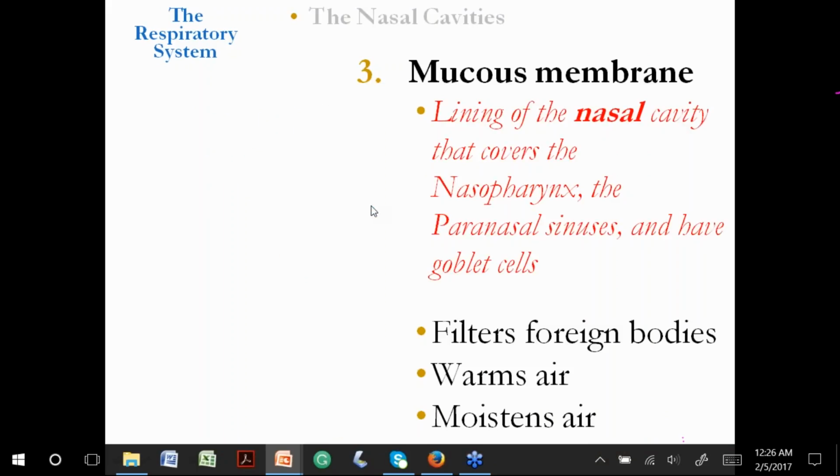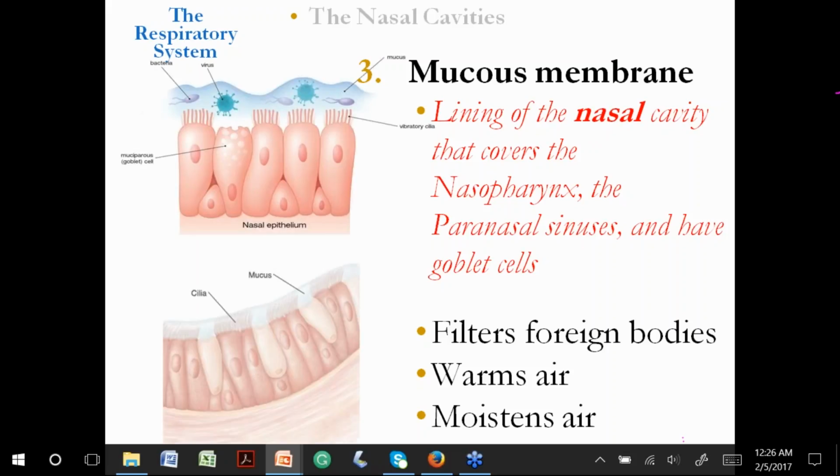All right, so let's talk about the mucous membrane. The mucous membrane is the lining of the cavity that covers the nasopharynx. So we start to talk about the nasopharynx. All this mucus is going to cover many structures, and this is characterized by the pseudostratified epithelium. Here we have the goblet cells.